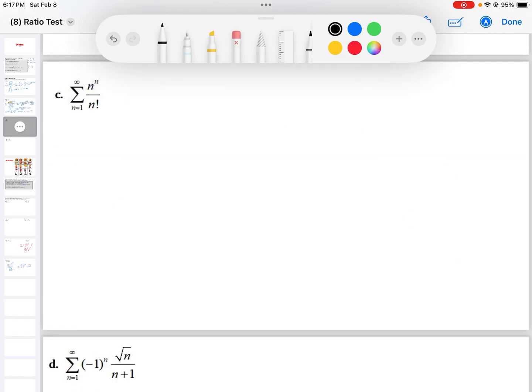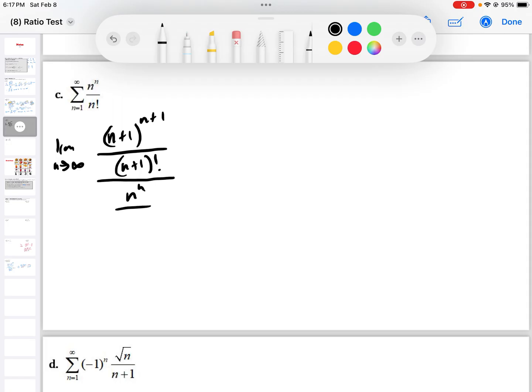All right, so it says use the ratio test. So I'm going to say, okay, well, this is the limit as n goes to infinity of n plus 1. Wherever there's an n, I'm going to plug in n plus 1 over n plus 1 factorial over n to the power of n over n factorial. This will be equal to the limit as n goes to infinity.